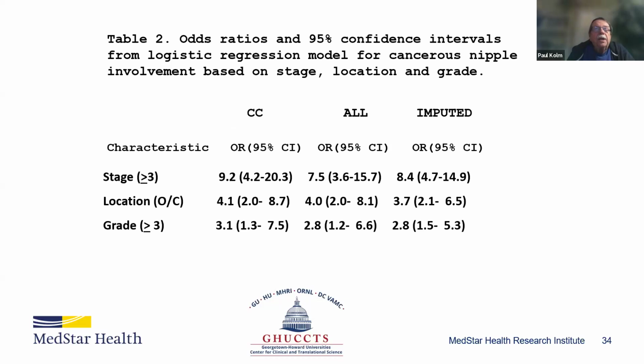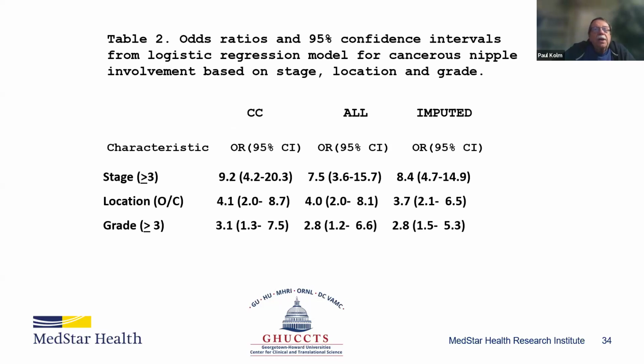So in doing the logistic regression, we come up with 3 variables that predict nipple involvement: stage greater than 3, location O or C, and grade greater than 3.